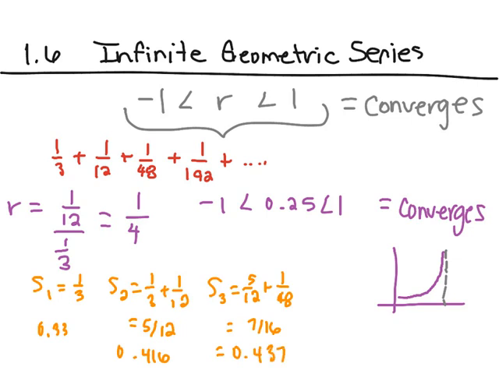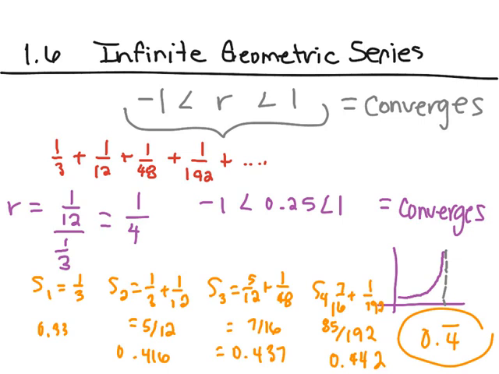And as you can see, if we were to do our last one, 7/16 plus 1/192, you get 85/192, which is 0.442. So they are all going towards 0.4 repeating. So this would be an estimate of our finite sum. So you can have an infinite series, but all your terms can go towards one finite sum, so one thing.